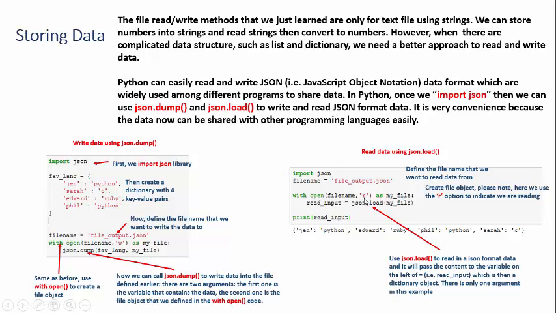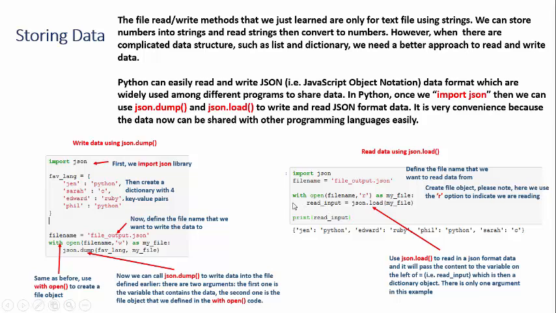In this particular case, we're using r. Basically, we're reading something from the file, and then you can easily use the json.load method to read in the file and assign the content of the file to a variable on the left of the equal sign, which is read_input.